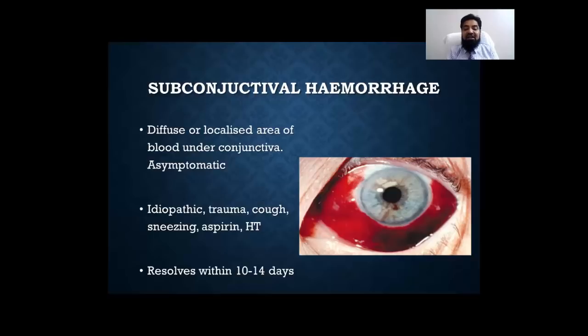And the good thing is that it will be absorbed by itself, and it takes around 10 to 15 days. We usually tell the patient that it won't hurt your vision, and it will be absorbed inshallah within 2 weeks.